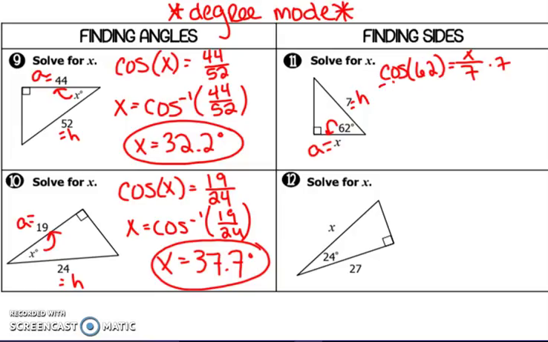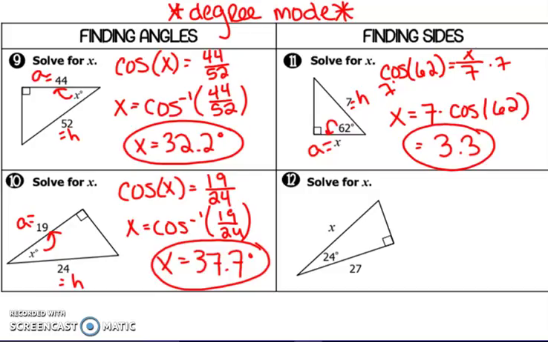Well, I need to multiply both sides by 7 to get x by itself, so 7 times the cosine of 62 is equal to x. Again, in this case, just type that directly in your calculator. You should get 3.3. And make sure you check yourself. If you ended up writing the number 33 down because you forgot your decimal point, that wouldn't make sense. My hypotenuse has to be my longest side, so this side has to be shorter than 7.